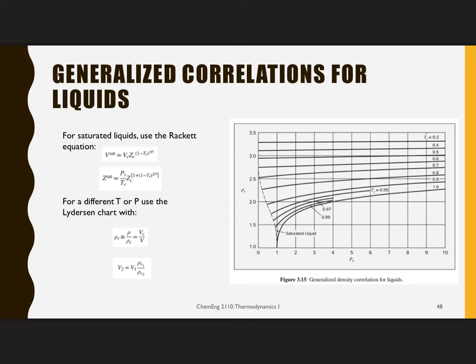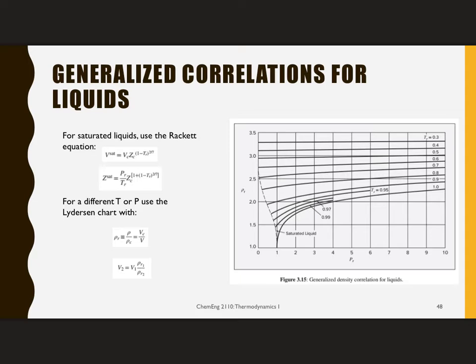If I'm not at saturation, if I have a different temperature or pressure, then I can use the Lydersen chart. The Lydersen chart is done in terms of reduced density, which is density divided by critical density.